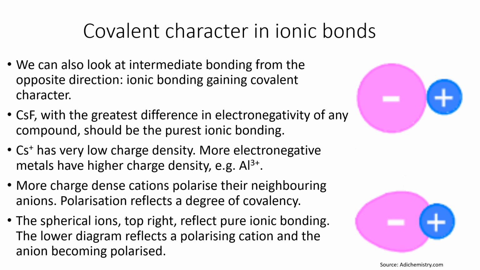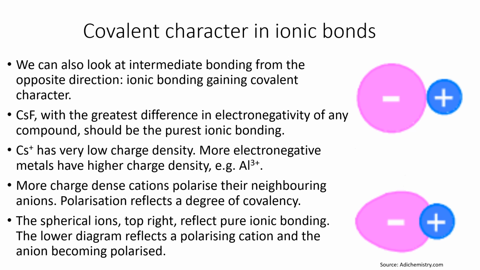Similarly, if you think about the anion, fluoride, fluorine is the most electronegative atom. The fluoride ion is holding on to its outer electrons very, very tightly. So another way of putting it is that the fluoride ion is not very polarizable.